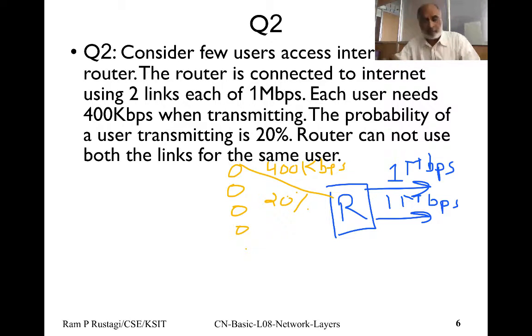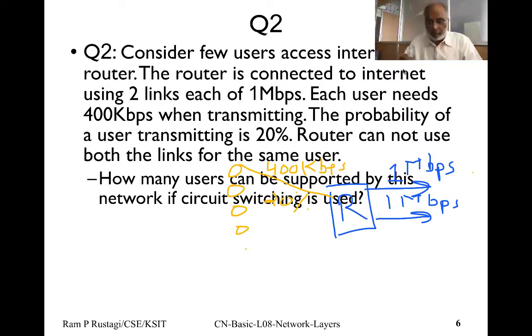Now, the question is how many users can be supported by this network if circuit switching is used.